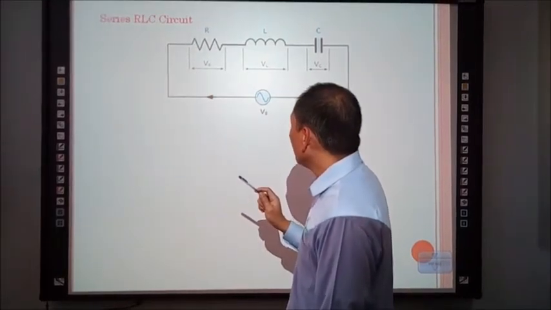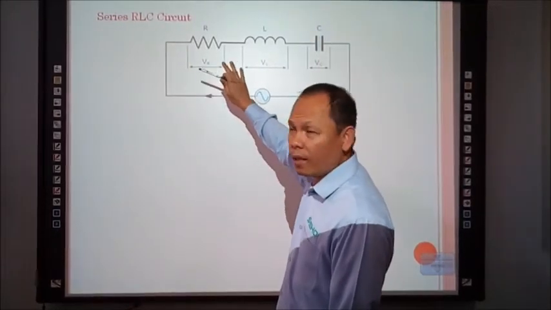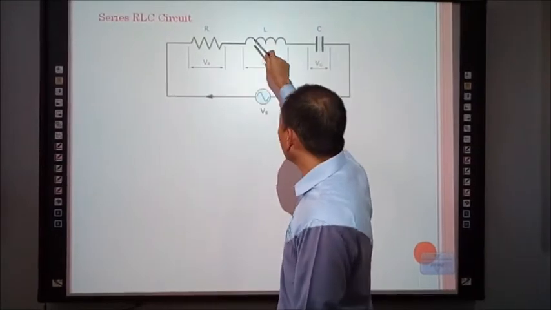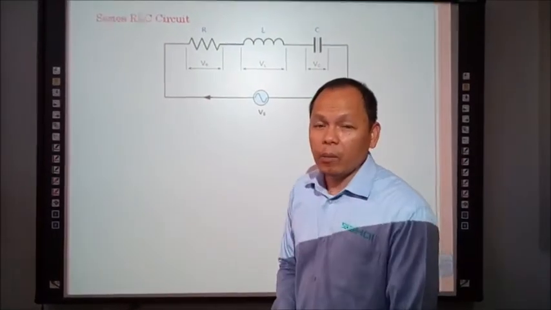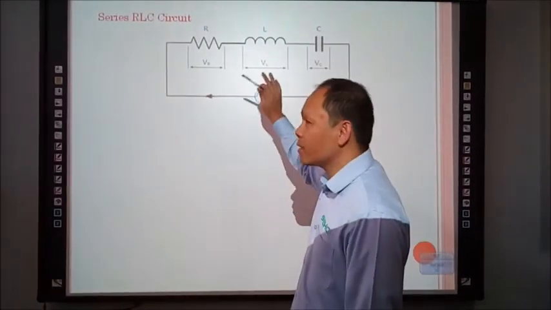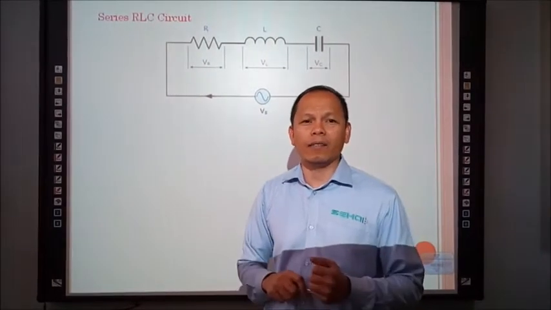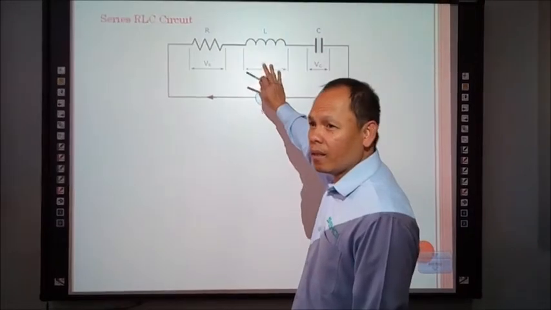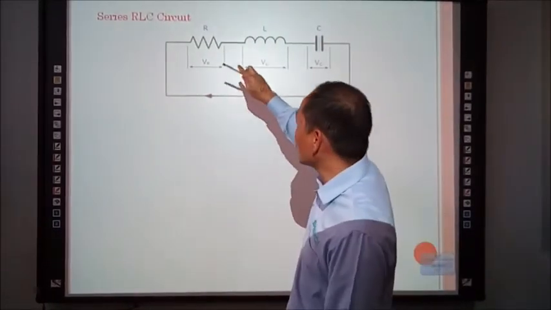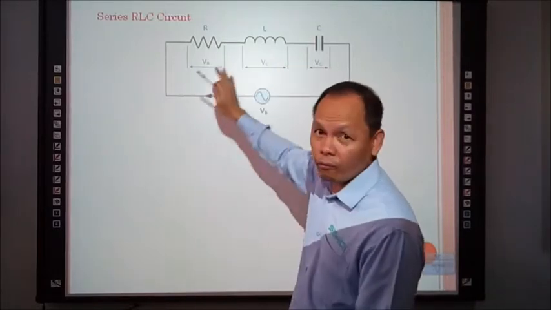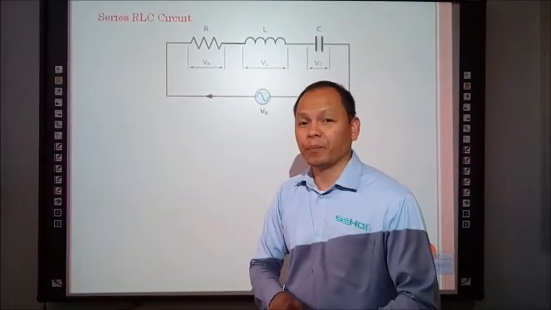Before you find the current of this circuit, you have to solve the total impedance of this circuit. The total impedance is just like total resistance. But you cannot say resistance because there are three components which are different from each other.